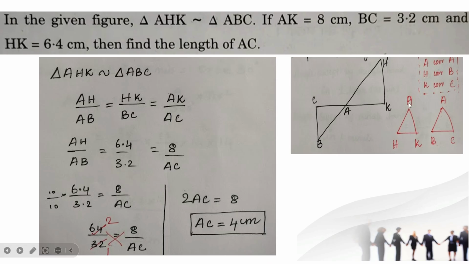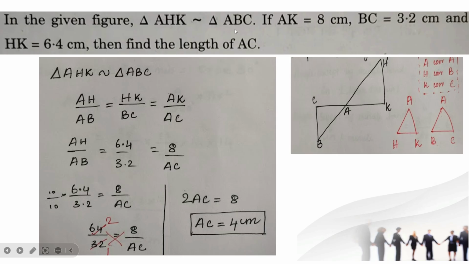So the corresponding sides will be what? AH, AB, AK, AC, HK, BC. Understanding? So AH by AB, HK by BC, AK by AC. How we could write this in the sense they are similar.